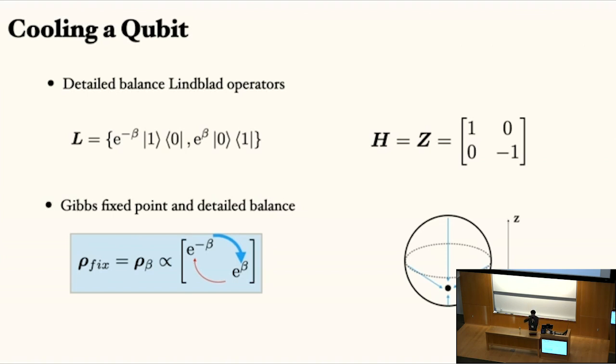The energy gap is 2, so the ratio is exponential minus 2 beta. You can convince yourself that if you run this in equilibrium, it has to be proportional to the Gibbs state.